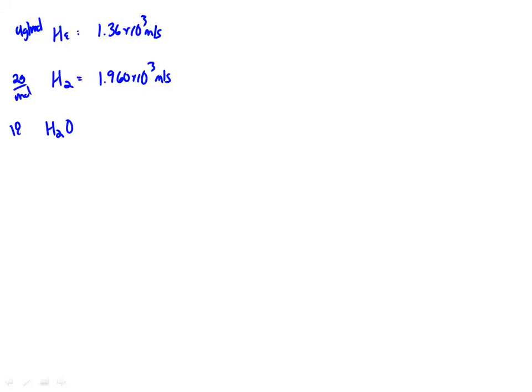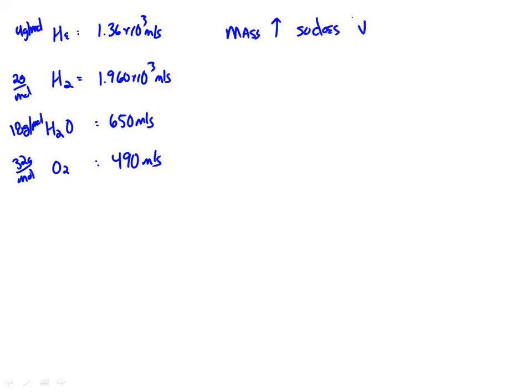Water is about 18 grams per mole, and that only has an average speed of 650 meters per second. Oxygen, which is 32 grams per mole, only has a speed of about 490 meters per second. So as mass increases, the average speed decreases, which is what we said earlier when we looked at the equation, meaning they're inversely proportional to each other.